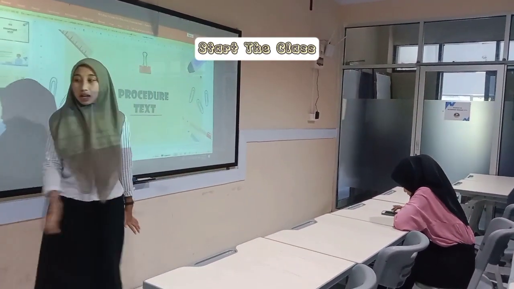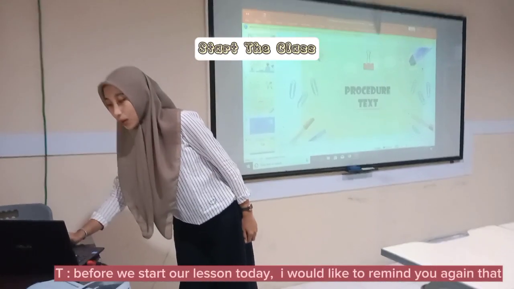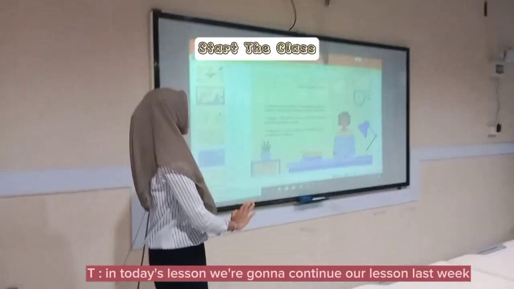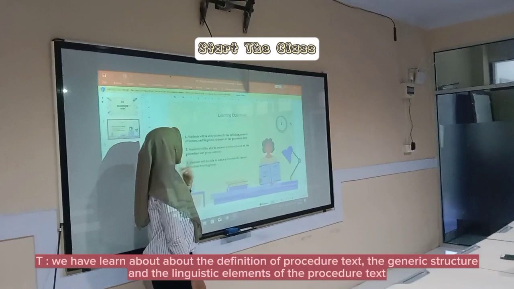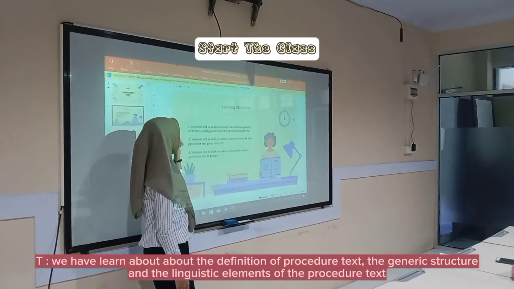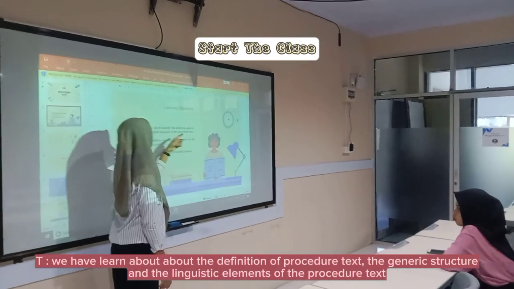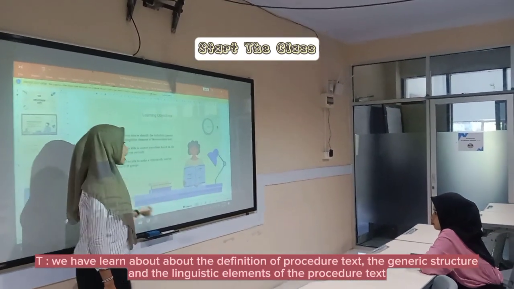Procedure text. But before we start our lesson today, I would like to remind you that today's lesson we're going to continue our lesson from last week, where we learned about the first learning objective: the definition, generic structure, and linguistic elements of the procedure text.